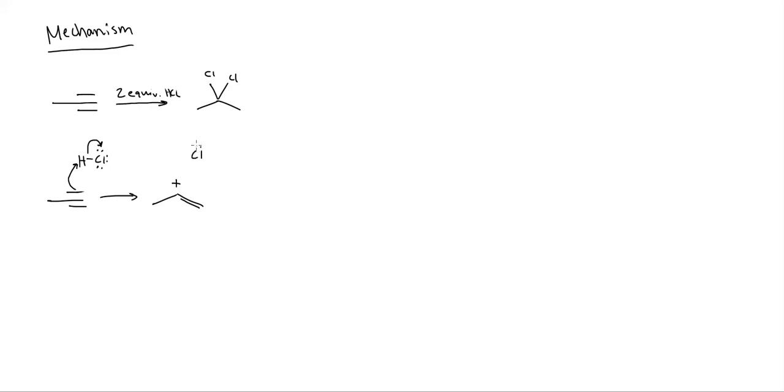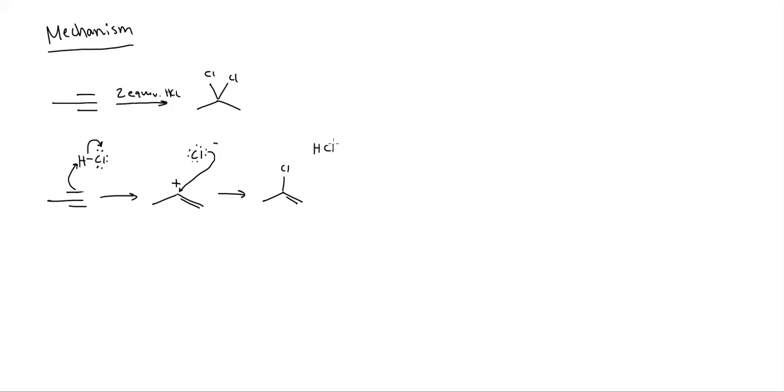And so then this Cl minus is going to come in and attack that carbocation, which is going to add my first chlorine. And you'll notice that if I just use one equivalent of this, then my mechanism is done, right? So this is a very quick two-step mechanism. But in this case, since I'm using two equivalents, then I have to go all the way.